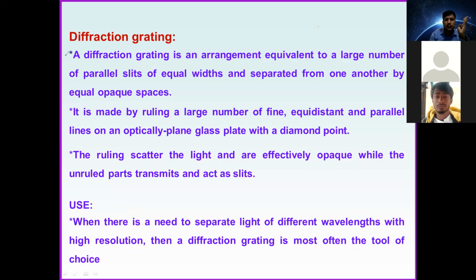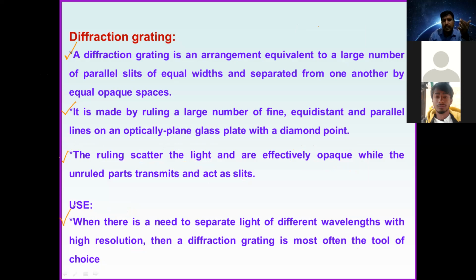First you write the definition, and you tell what the opaque part is and what the slit is, and how it scatters the light, because when you keep the grating, the white light scatters into different colors, right? Dispersion. So that is enough.